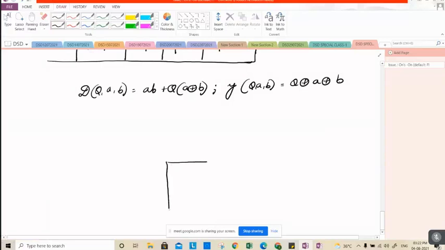Only one flip-flop is required. We are taking a D flip-flop, which will have Q and Q bar. What is the value of D? D is equal to AB plus Q into A XOR B.